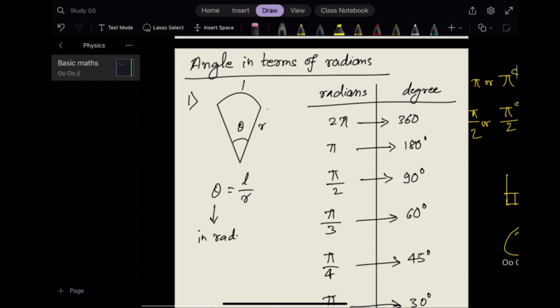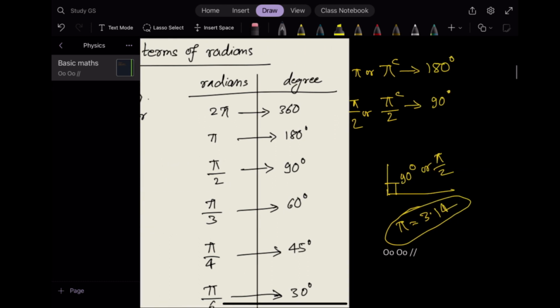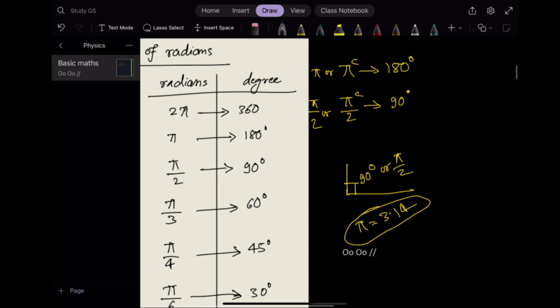Now let's move into the angle, angle in terms of radian. There are two ways to define an angle. First is degree, another one is radian.